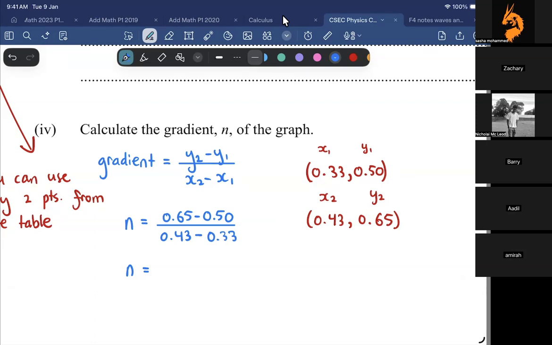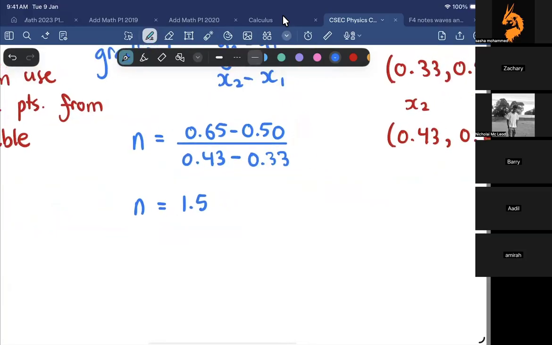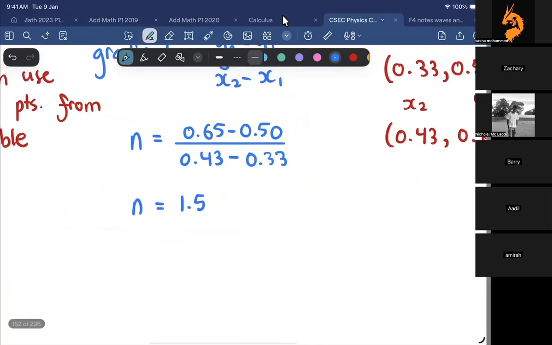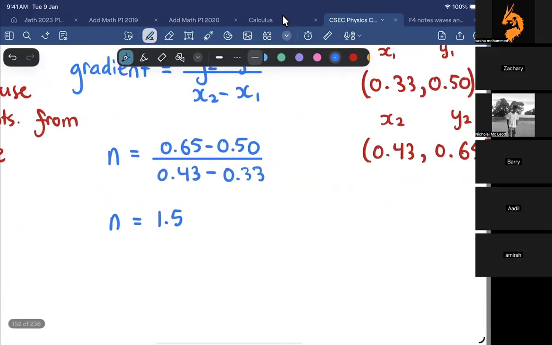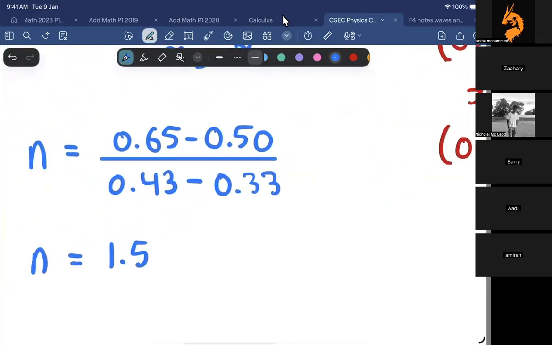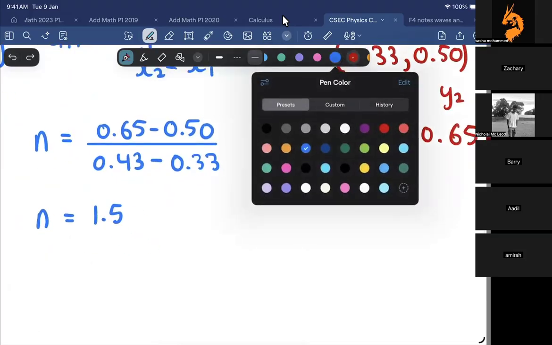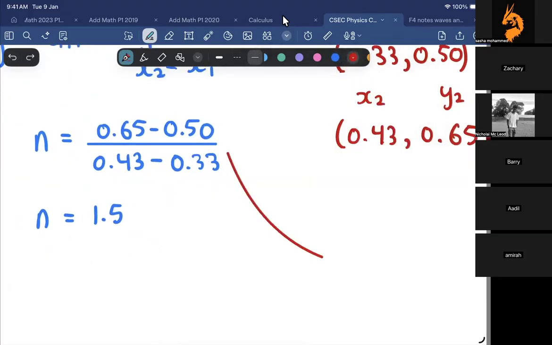Yes, so the answer is 1.5. Even if it's not that calculator, you should still get it correct. If you have a Sharp calculator, you would need to plug this in.